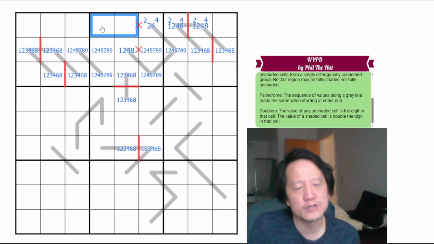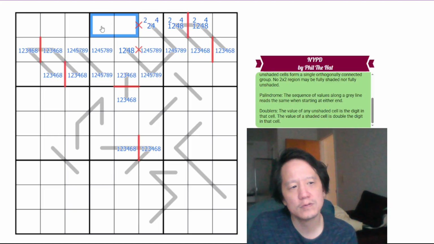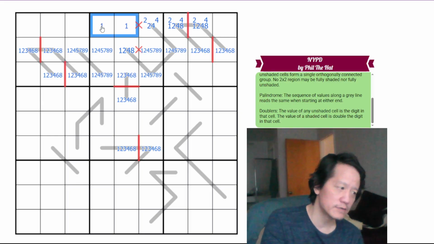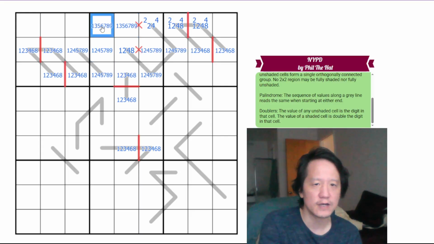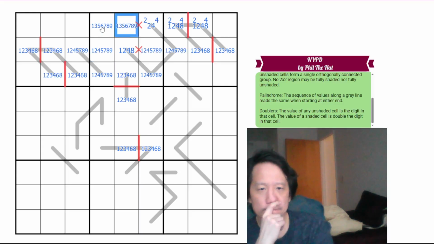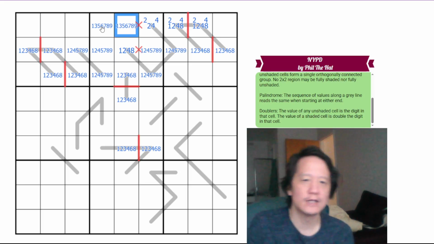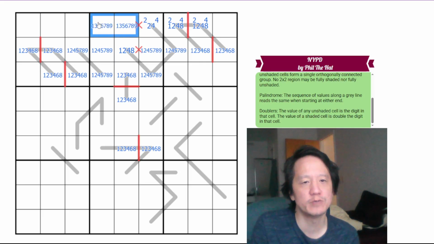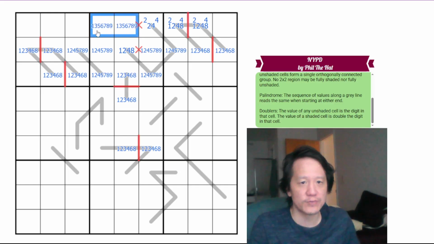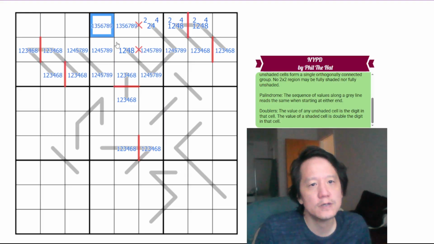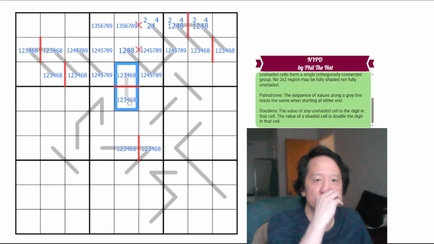This can never be 2 or 4 here. So it's 1, 3, 5, 6, 7, 8, 9 as possibilities. So at least 1, 3, or 6 is here. It could be both, but at least one of the 3 or 6s is here. If it's both, that means this can't be 3, 6 as a pair.